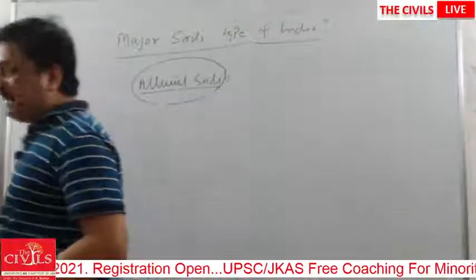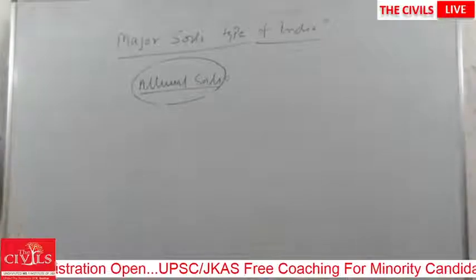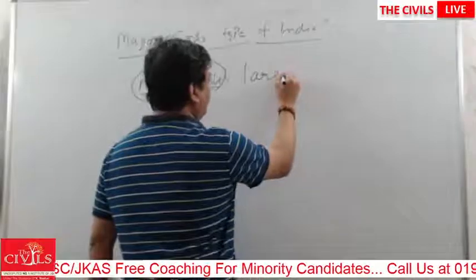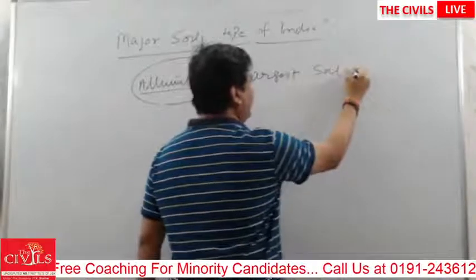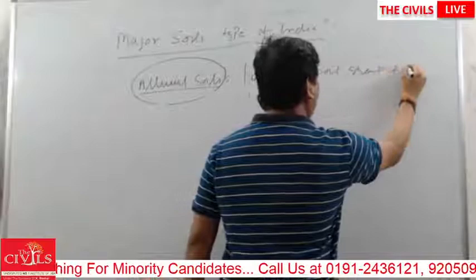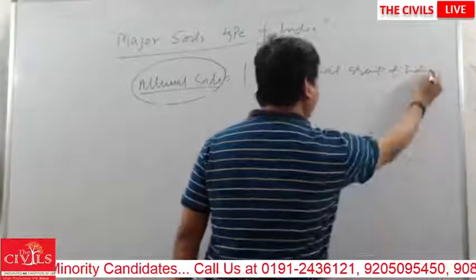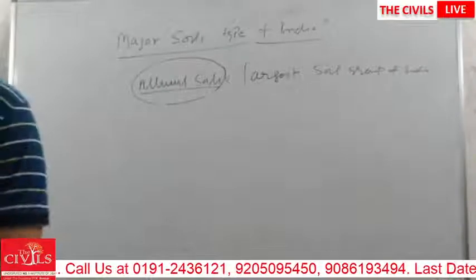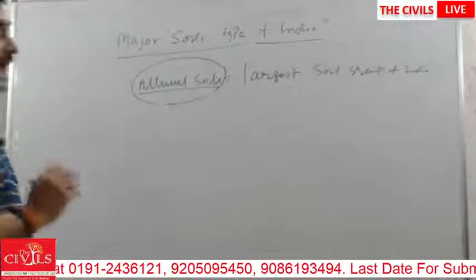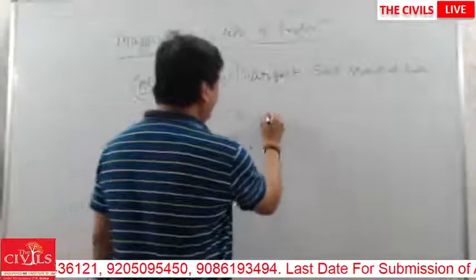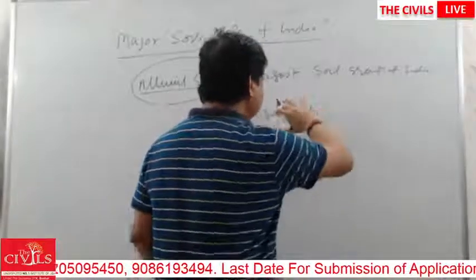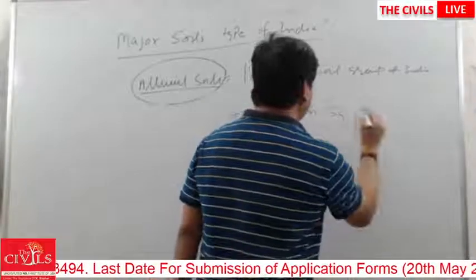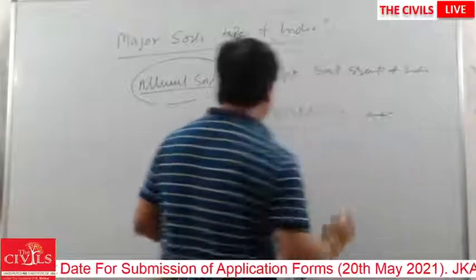Alluvial soil is the largest soil group of India, and it covers about 15 lakh square kilometer of area.